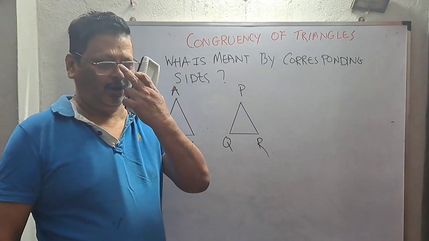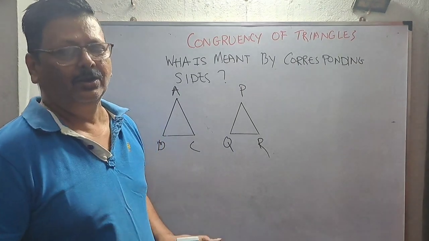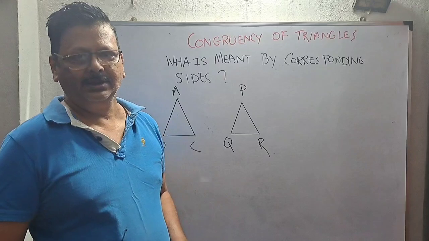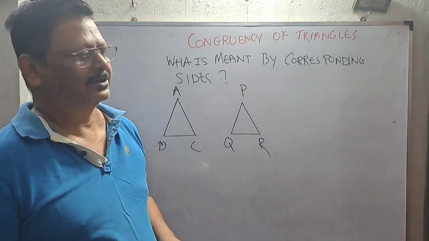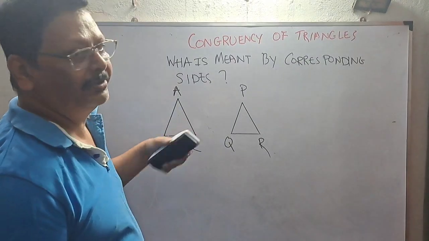Before going into congruent triangles, it is very important to learn what are corresponding sides and what are corresponding angles. Let us get that correct. We've got two triangles here, ABC and PQR.